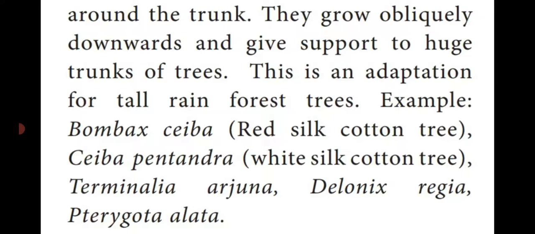So these are all the different trees which are showing the buttress root present at the base of a large tree trunk in a plank-like structure which are giving mechanical support. Those roots are known as buttress roots.